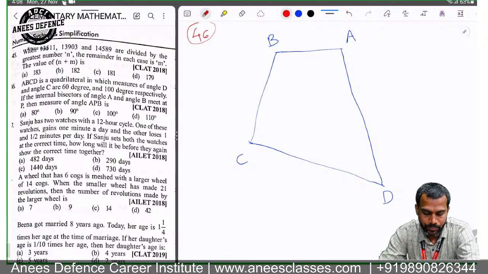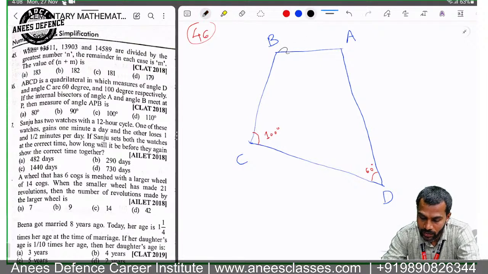See, angle D is 60, angle C is 100. Yes or no? Now, the angle bisectors of A and B.